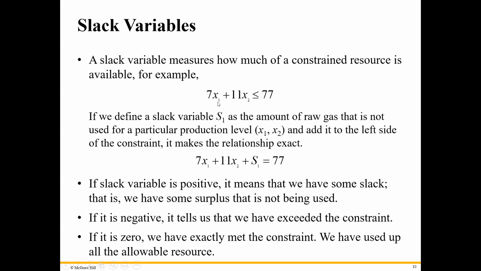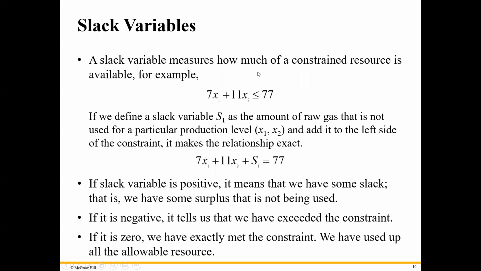So for example, 7x1 plus 11x2 is less than or equal to 77, which was one of the constraints in our previous problem. If we introduce a slack variable s1, then the slack variable is such that when it is added to 7x1 plus 11x2, it becomes equal to 77. So in this case, that inequality is converted into an equation.